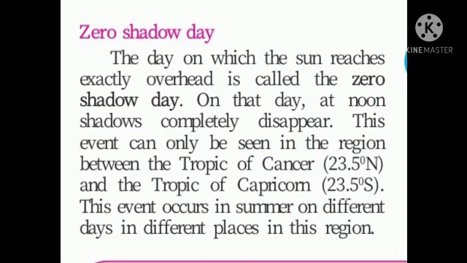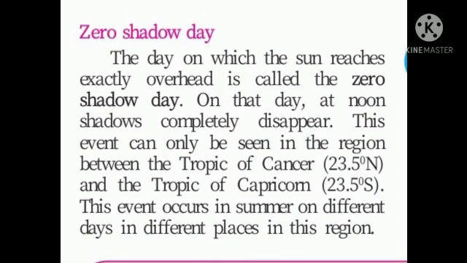At the time of this event, the shadow of a person standing without stretching his or her hands and legs falls right below the base of his or her feet. This shadow is not seen, due to which it appears to be vanished.